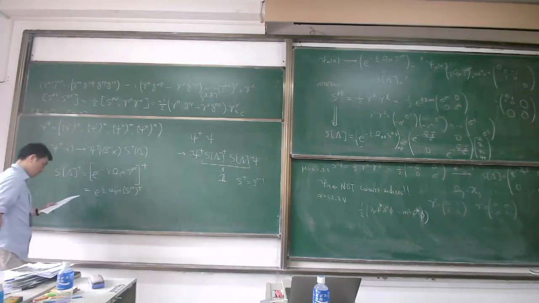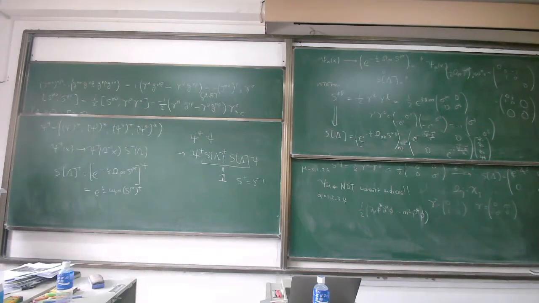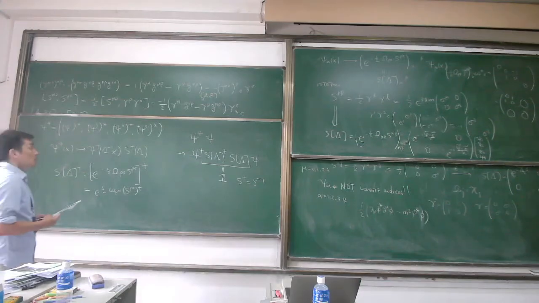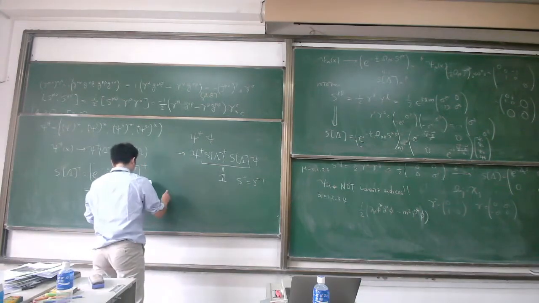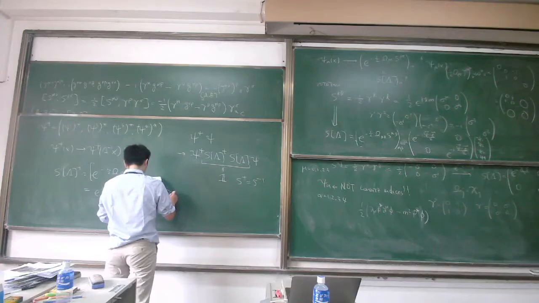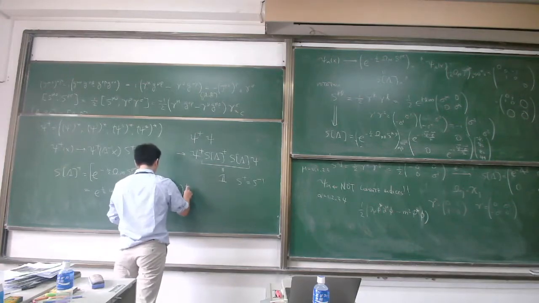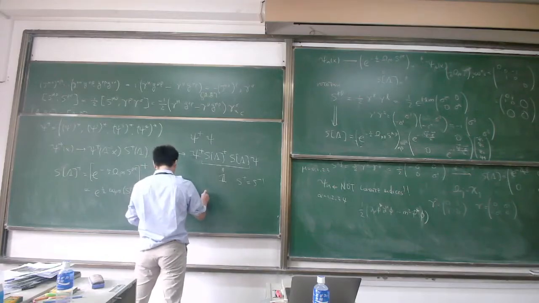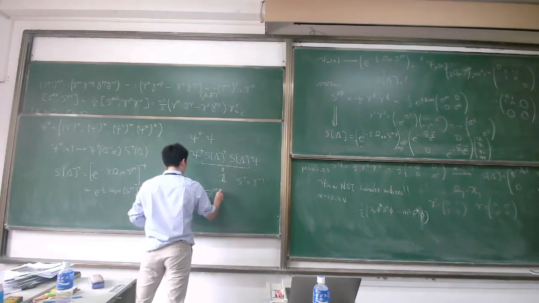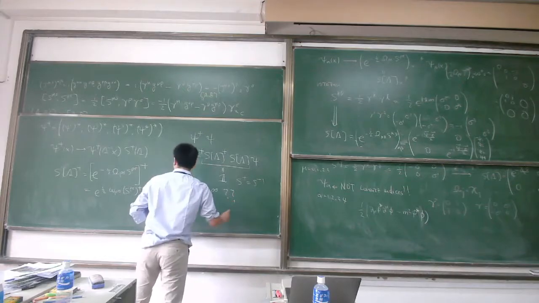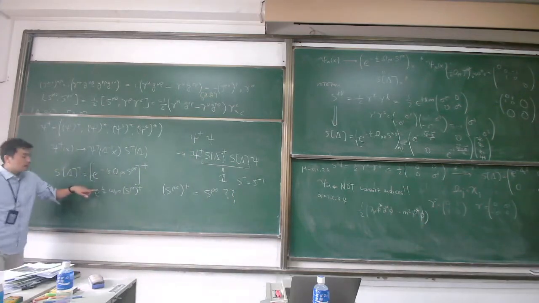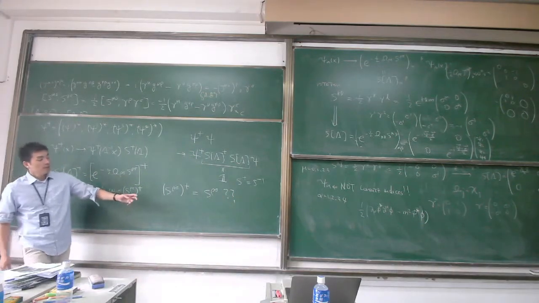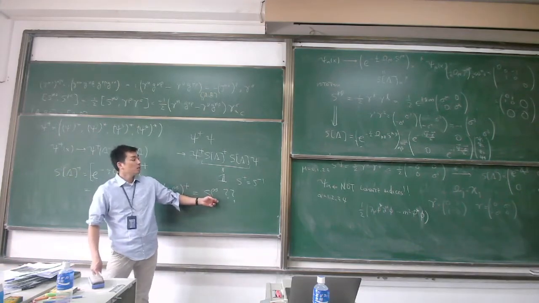In order for this to be unitary, S rho sigma dagger would need to be minus S rho sigma. Since there is no minus sign here, this holds only in that case.